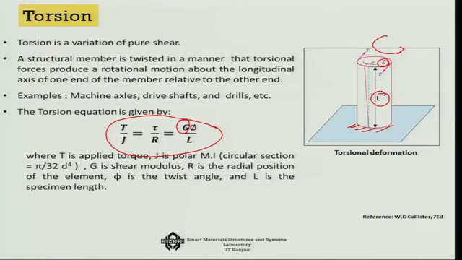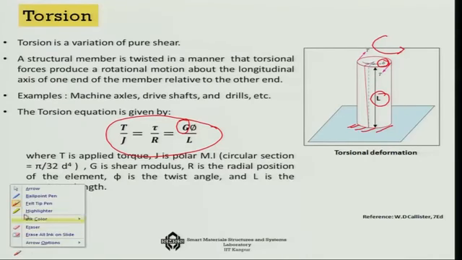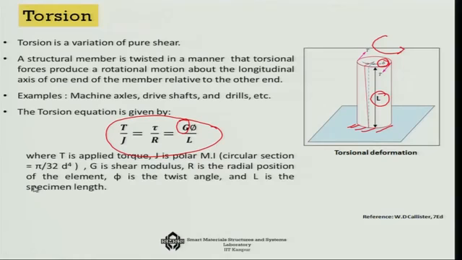So, one can find out the shear stress corresponding to the pure shear condition, provided you know the modulus of elasticity, the twisting angle, and the radius of the shaft or the length of the specimen.